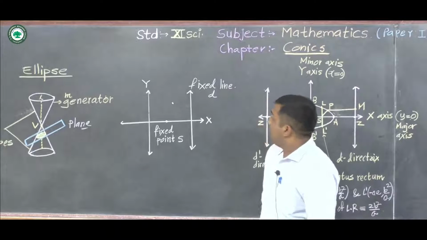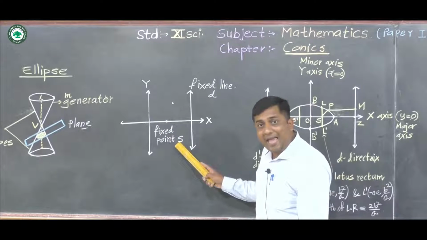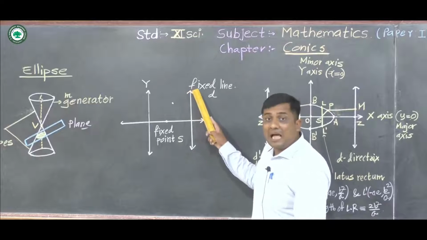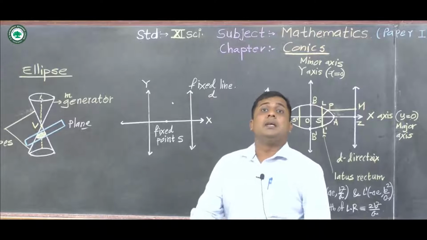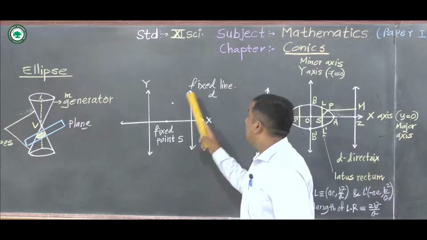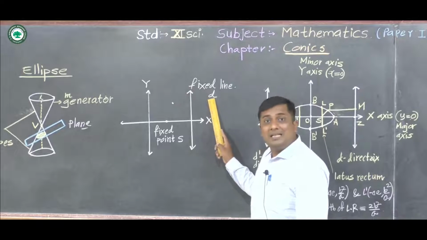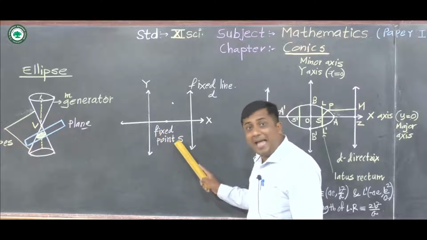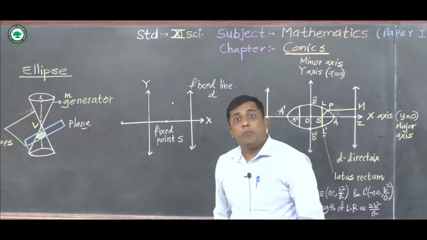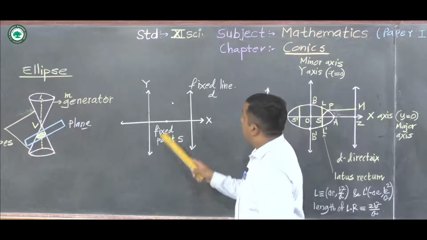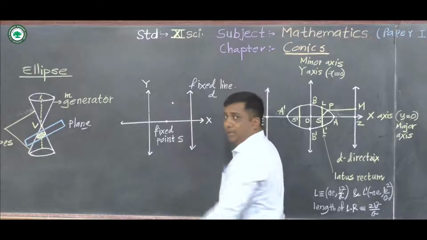To define it, we consider one fixed point, which we call S. Then we consider one fixed line D, and this fixed line is called the directrix. This fixed point S is called the focus.